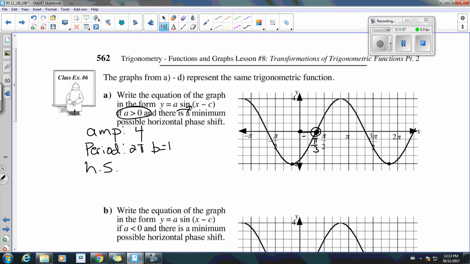Each tick is worth pi over 6. So we have a phase shift of pi over 3 right. Our original point was here. It's now over there. So that's pi over 3 to the right. And no vertical displacement. It also didn't give us an option for one here. So we can go to our equation: a sine x minus pi over 3.